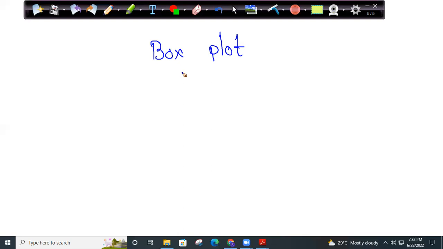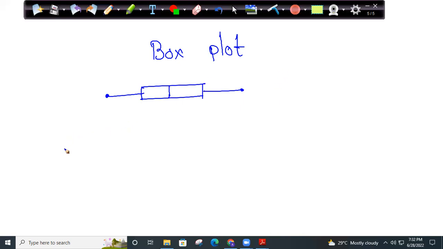Okay, next is box plot. So box plot means a plot that looks something similar to this, like a box. Now let us understand what are the terminologies that you are required to know here.